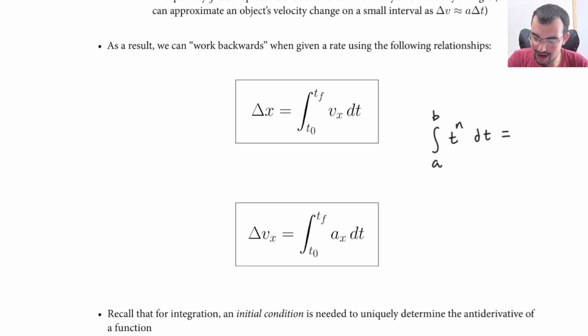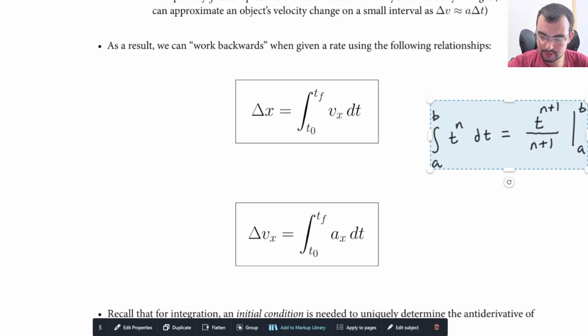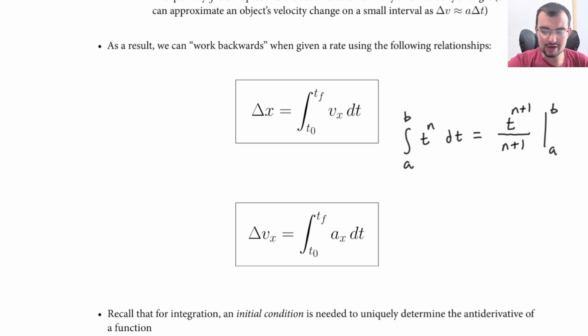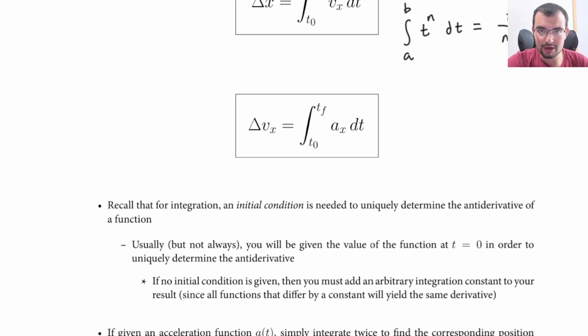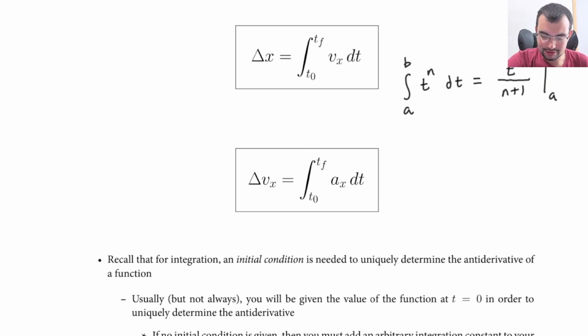So we have to play the opposite game for the opposite operation, where we increase the power by 1 and divide by the new exponent. And we also denote that we go from A to B, where we take like a delta, where we subtract the bottom limit from the upper limit. Again, I am just giving you a speed run of this. You will cover this in your calculus.